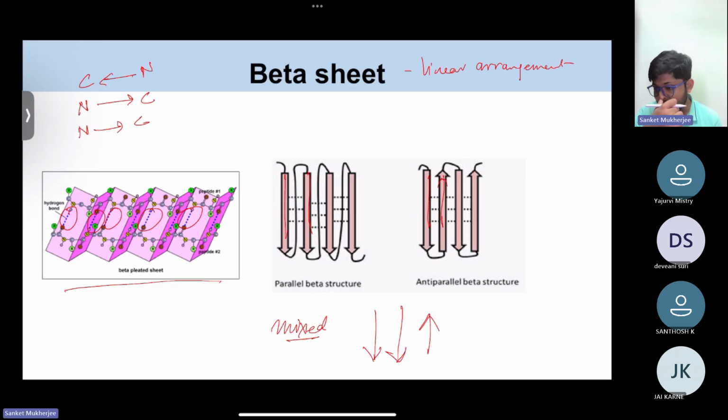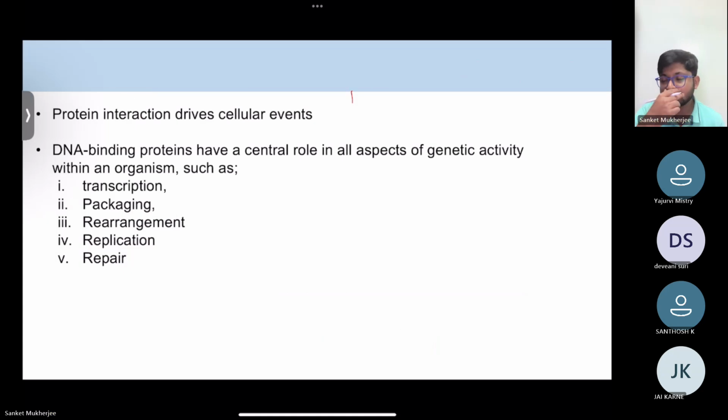So why are we talking about proteins? Because protein interaction drives cellular events, right? Even before DNA was known to be the genetic material, the code of the genome, protein was always considered to be one of the main factors which runs the cell, which runs an organism, because it has a role in various processes.